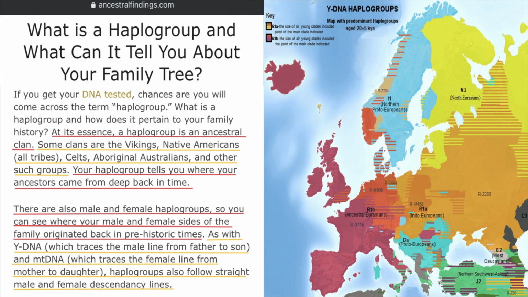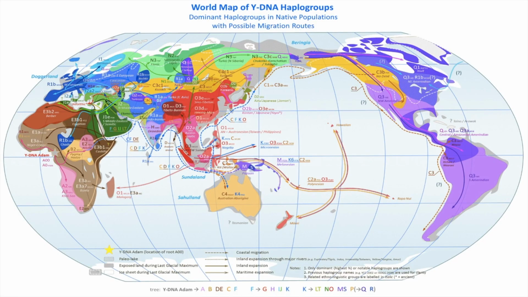And here's a map to the right, basically representing haplogroups and people groups, like R1b being an ancestral Eurasian clade, or haplogroup I1 being a North Proto-European clade. So here is haplogroups of the world. Every human being, every Homo sapiens sapiens, has a haplogroup, and here's basically just the distribution of these haplogroups throughout the world.